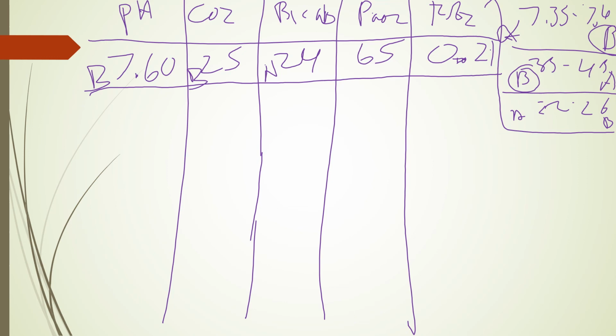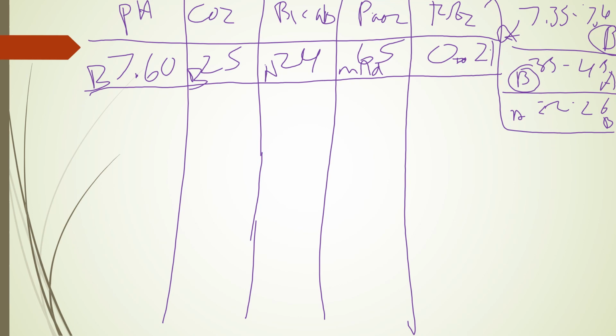A PO2 of 65. If you did your other thing over here, this would be mild. So I'm just going to write mild. And then we're on room air, so that's why I did mild, moderate, severe instead of corrected, uncorrected, or excessively corrected.